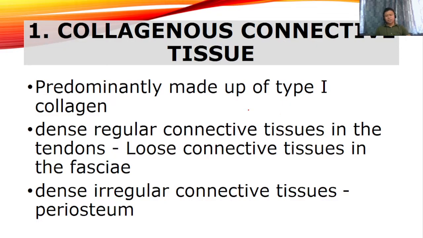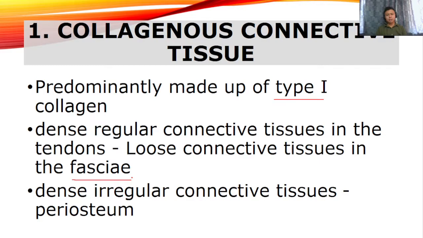Collagenous tissue is made up of type 1 collagen, which are dense, regular connective tissues in the tendons, allowing loose connective tissues in the fascia to be linked together. When we say fascia, these are bundles of tissues in our body which is frequently exposed to stress, frequently exposed to friction.